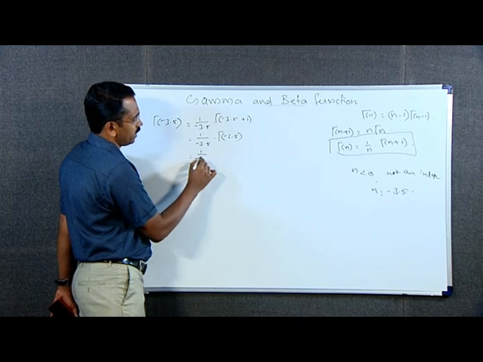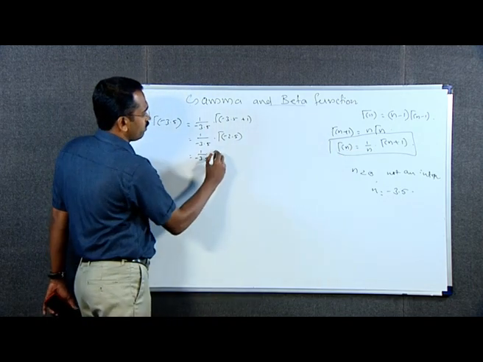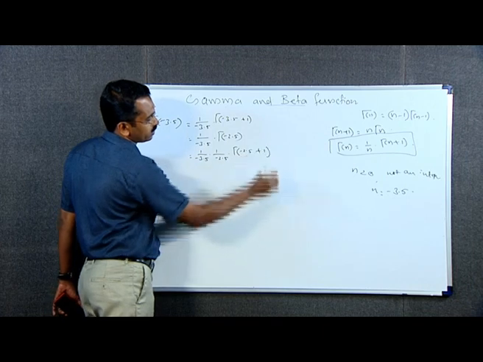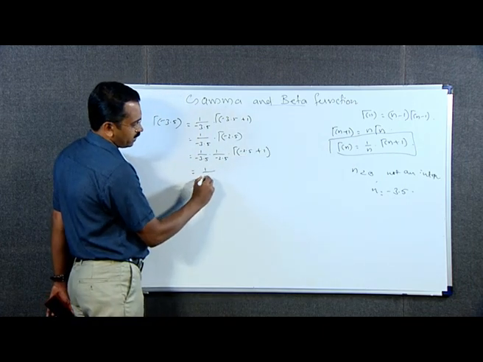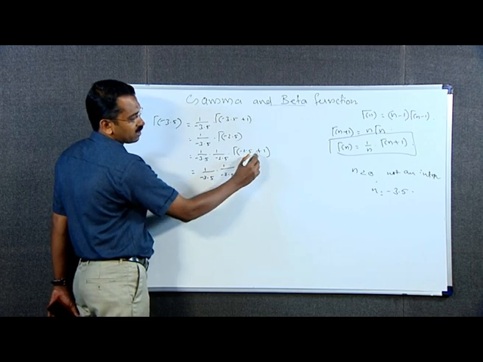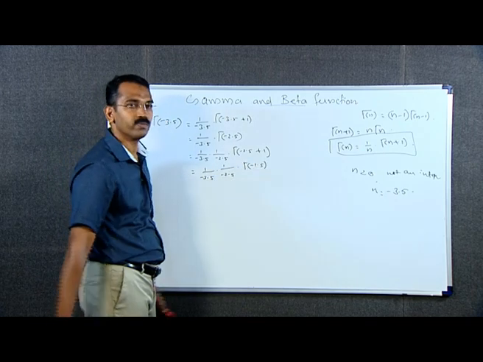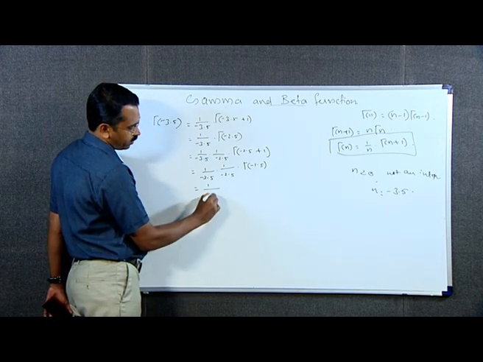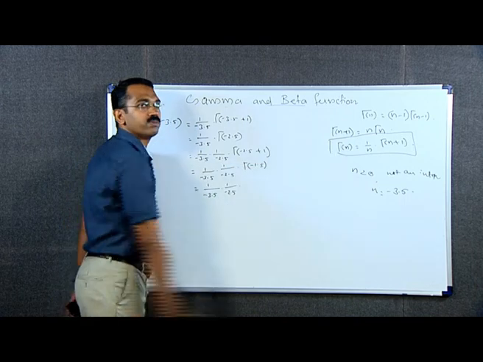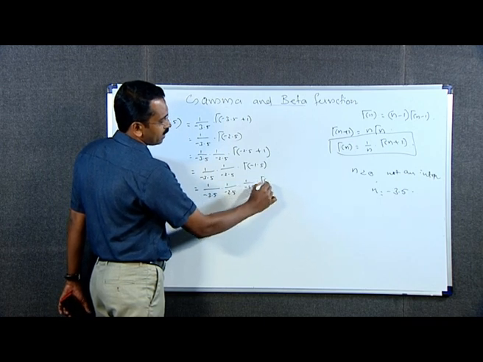Once again we use this relation: 1 by minus 3.5 into 1 by minus 2.5 into gamma of minus 2.5 plus 1, that is gamma of minus 1.5. Once again, 1 by minus 3.5 into 1 by minus 2.5 into 1 by minus 1.5 into gamma of minus 1.5 plus 1.